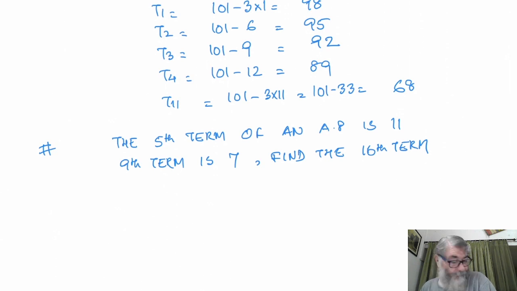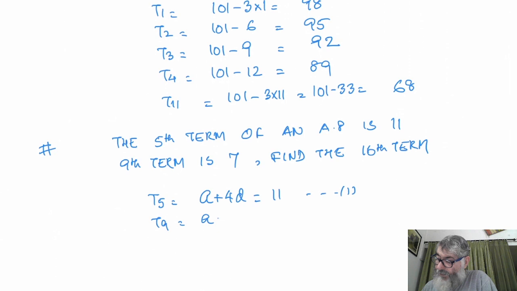Okay, let's do that. Now fifth term T5 will be A plus 4D. Fifth term of an AP is 11. Equation 1. Ninth term is A plus 8D is equal to 7.